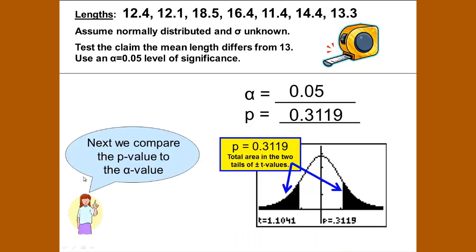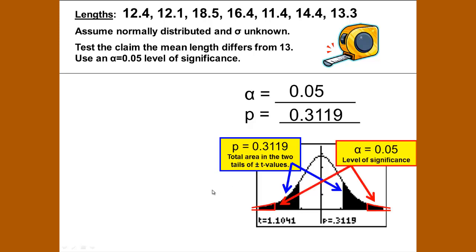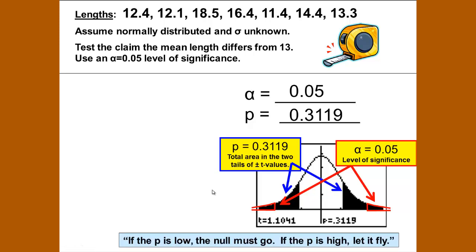Next, we compare the p-value to the alpha value. And the level of significance is 0.05. That tells me, again remember, if the p is low, the null must go. If the p is high, we let it fly.